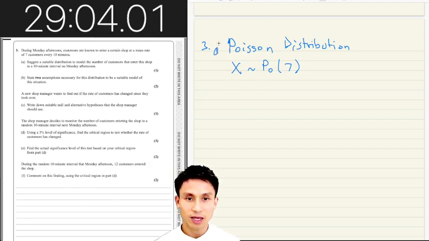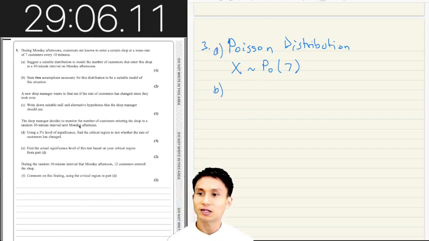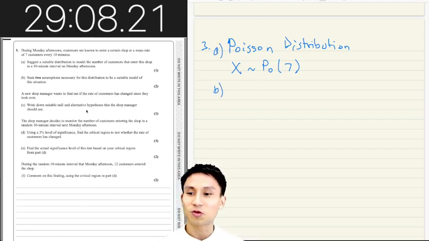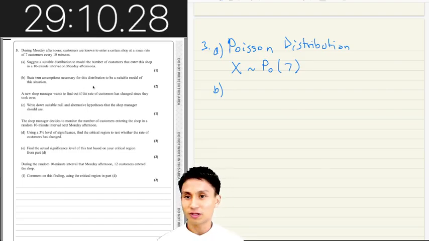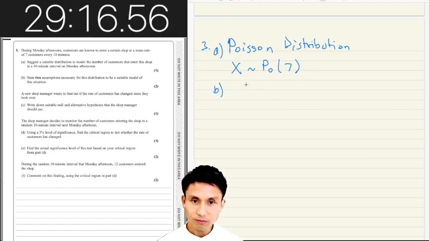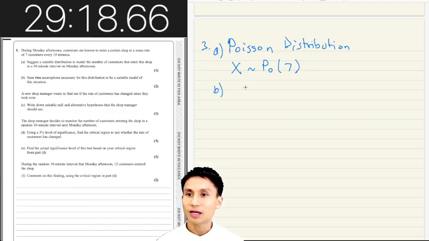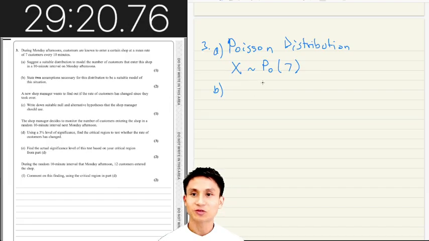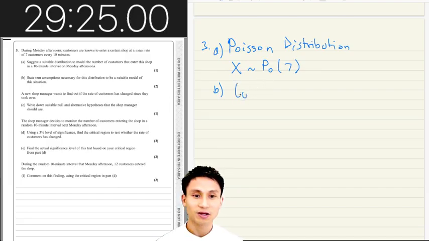Alright, so that's A done. B, state 2 assumptions. This is another important one, necessary for this distribution to be suitable. Okay, so the first assumption is that the customers entering this shop are independent, right?